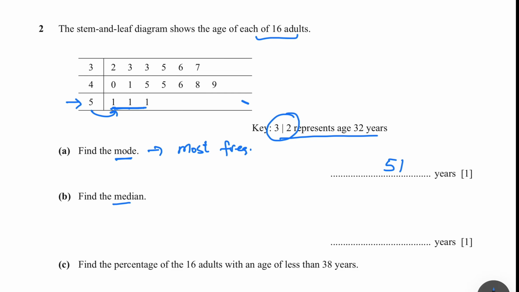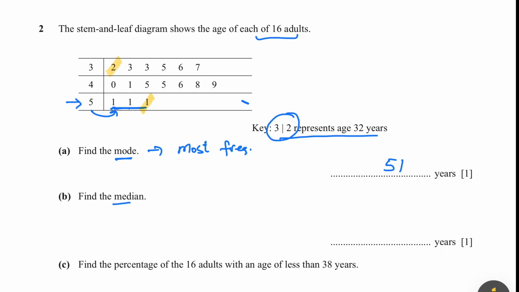Find the median. Now for the median, we are looking for the middle number. So we are going to cancel all the numbers except the middle numbers. There are two methods actually. One, you can just cancel and then find it out. Another one, I'll teach you both here.